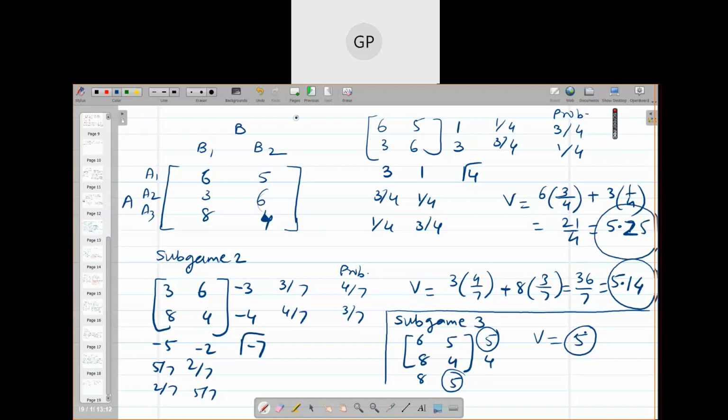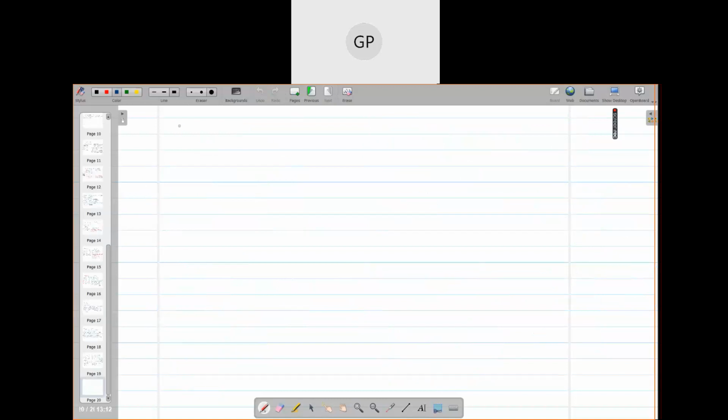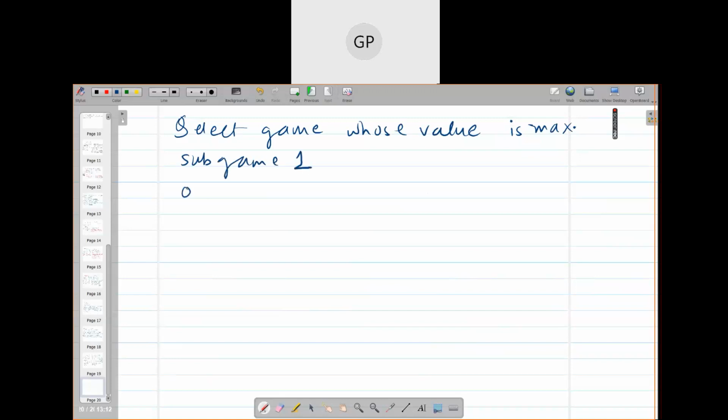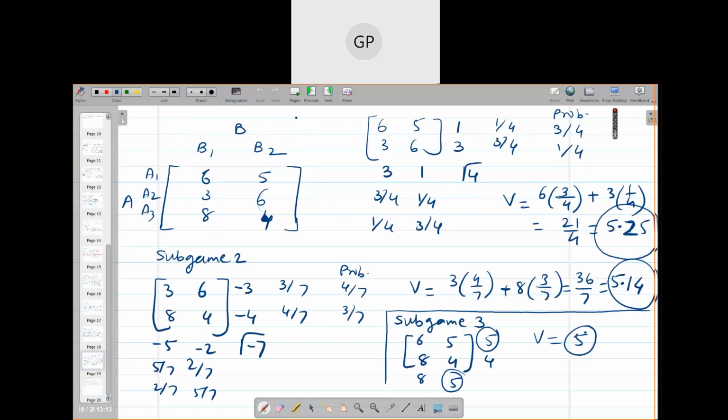Okay. So how will we write the optimal strategies? Can you tell me? So select the game whose value is maximum. So subgame 1. Optimal strategies for player A: we are skipping the third strategy, as in the first game the third strategy is skipped.